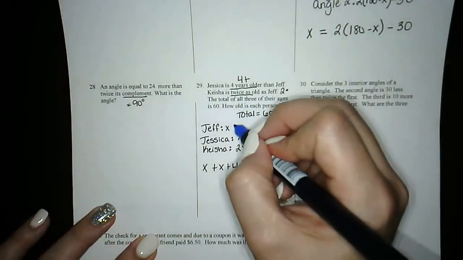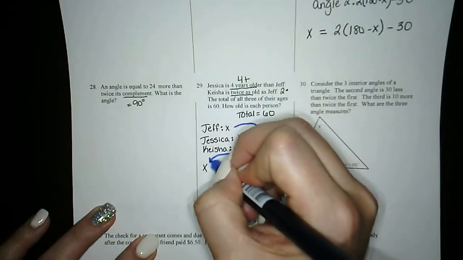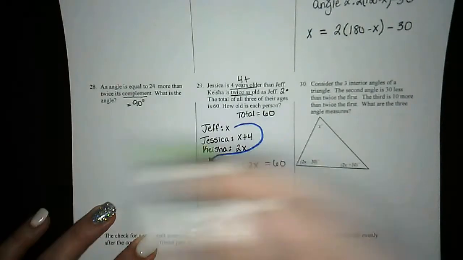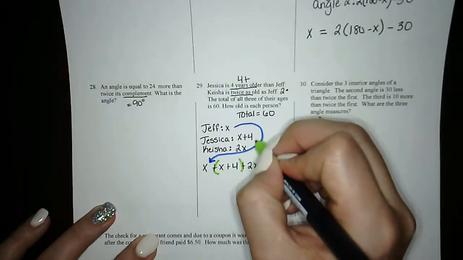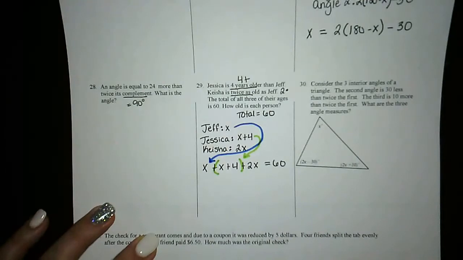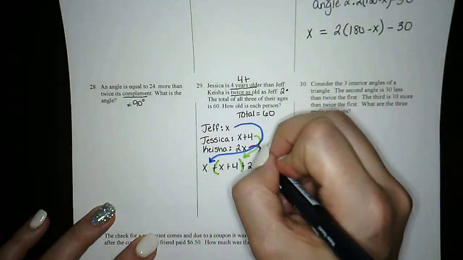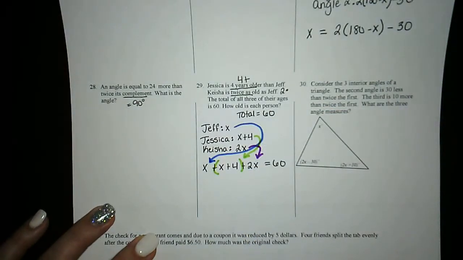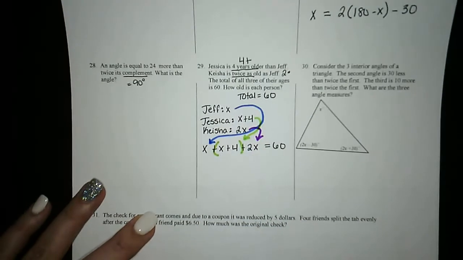So here we have Jeff. Here we have Jessica. And then here we have Keisha. So combine like terms and solve for X. Then make sure you go back and sub in for all 3.